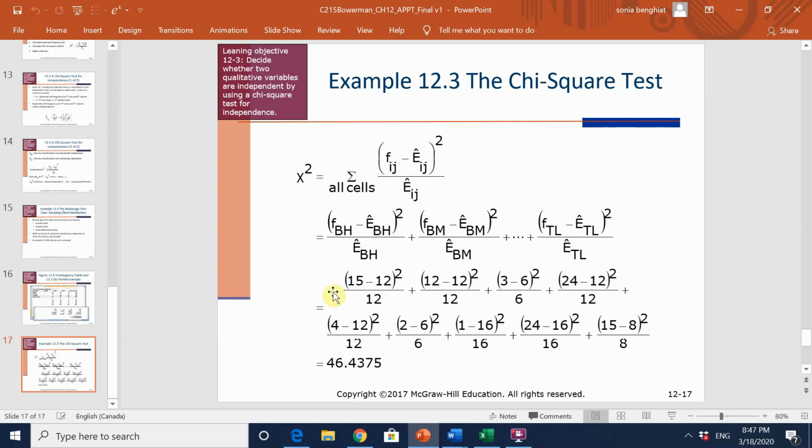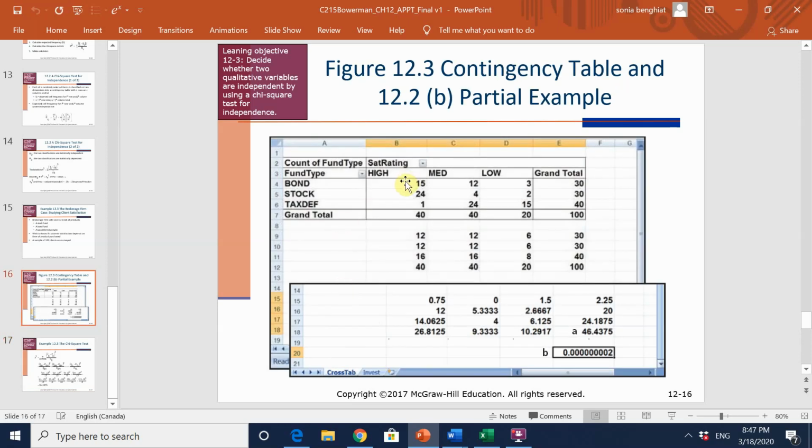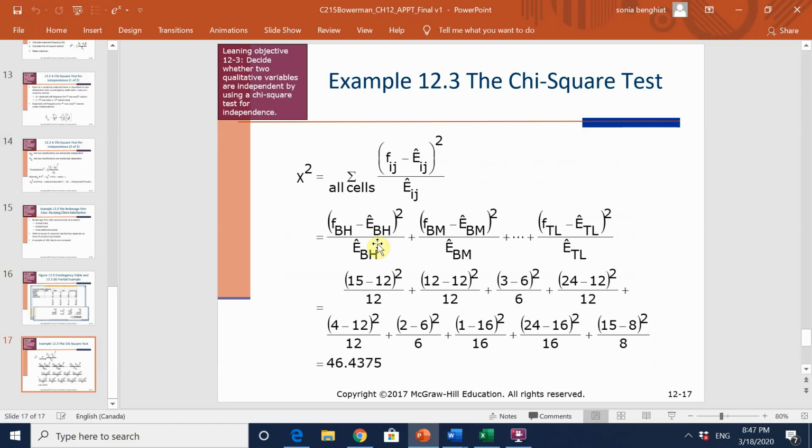For example, the first chi-square value that I get over here would be the actual observed value in cell 1, 1. Let's go take a look and see what that value is. That would be actually 15. And I would compare that to the expected value for cell 1, 1. That would be 12. And so here I would square the difference and divide it by 12.